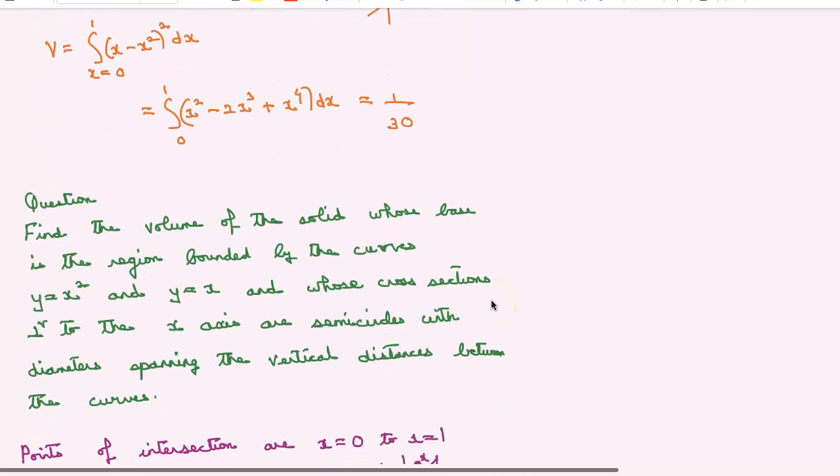Question 2 is find the volume of the solid whose base is the region bounded by the curves y equal to x squared and y equal to x and whose cross sections perpendicular to the x-axis are semicircles with diameter spanning the vertical distance between the curves.